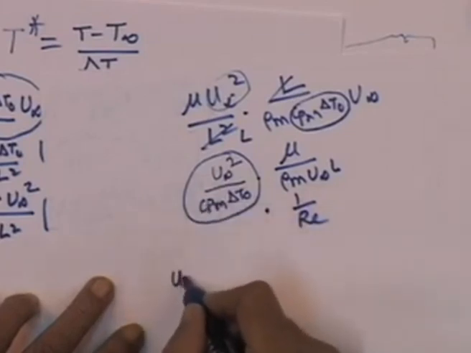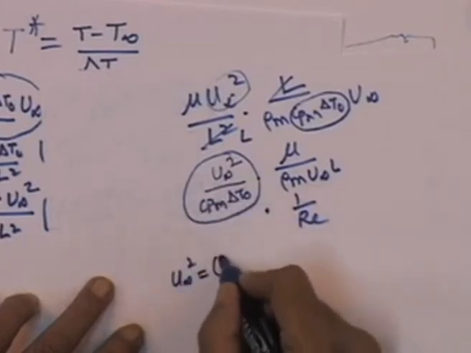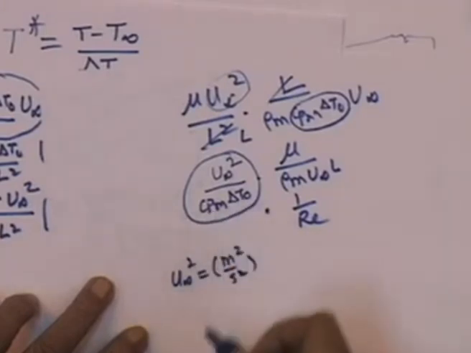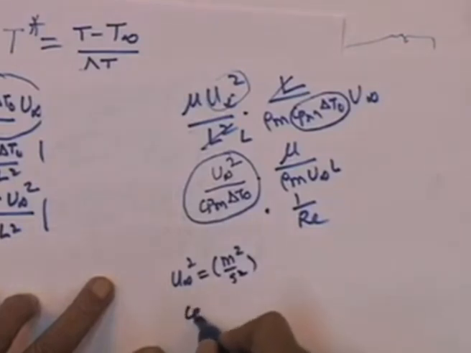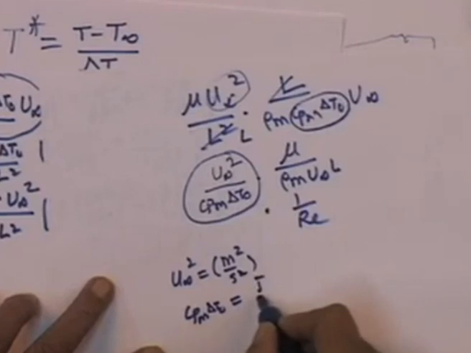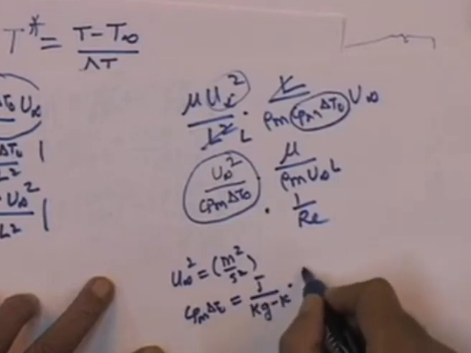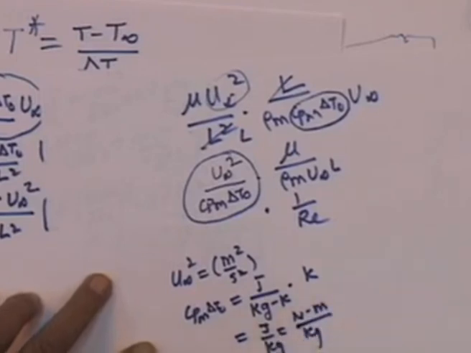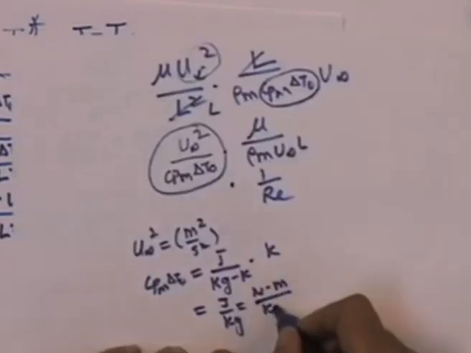u infinity square is meter square per second square. What about this term, CPm delta T naught? CPm is joules per kg Kelvin multiplied by Kelvin. So, essentially it is joules per kg. Joule is Newton meter, by kg.